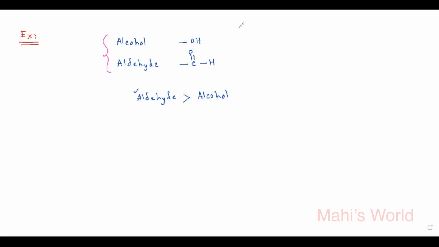So in such a case, this is considered to be the principal functional group. And this, of course, is also a functional group. But now because something that is given more priority is available along with that, we treat this as substituent.